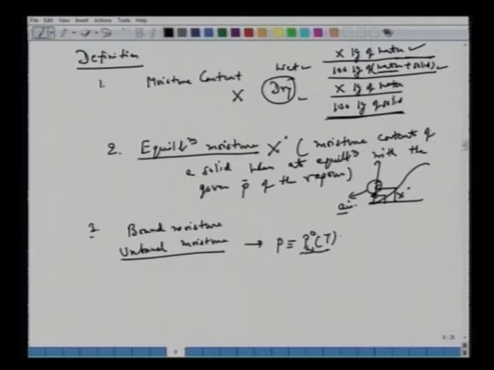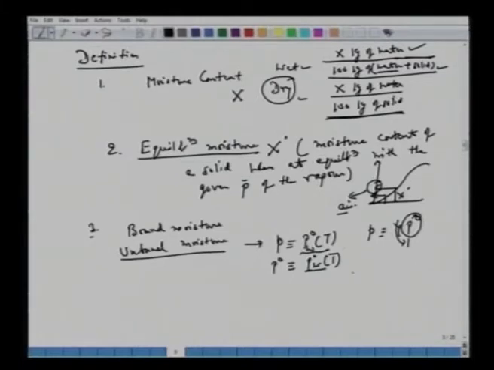Or in other words, the vapor pressure exerted by this moisture is the same as the vapor pressure of pure water. So what you are writing here is partial pressure equal to Y into P0. Y is 1, pure moisture, no other species here, and the vapor pressure it exerts is the same as the vapor pressure of pure water. Okay, so that's unbound moisture.